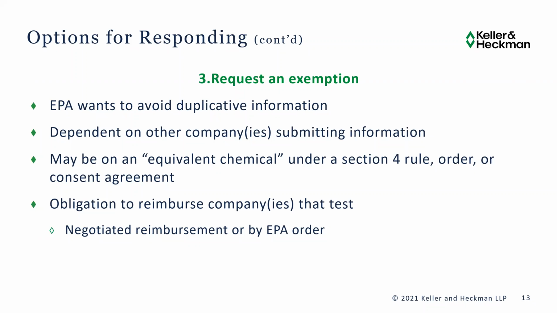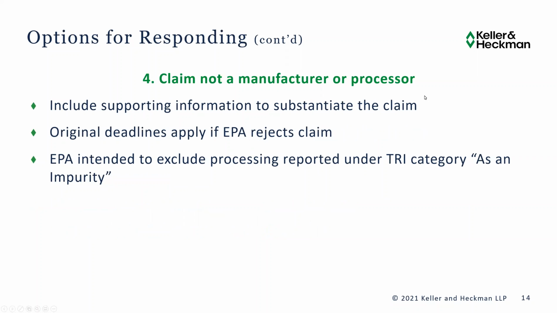The reimbursement to the companies that do the test, if you receive an exemption, is negotiated. But if the companies cannot come to an agreement, then there is the option for the company that did the testing to ask EPA to order the companies to pay. There are some existing provisions that are relevant to Section 4 test rules. So they're not directly applicable here, but EPA has said that they will look to those provisions in the case that they are required to intervene if the negotiations break down.